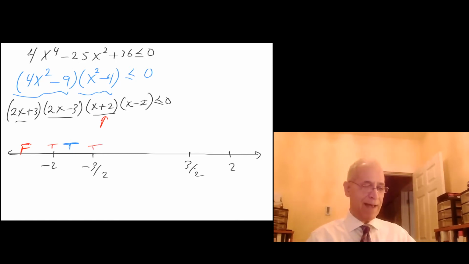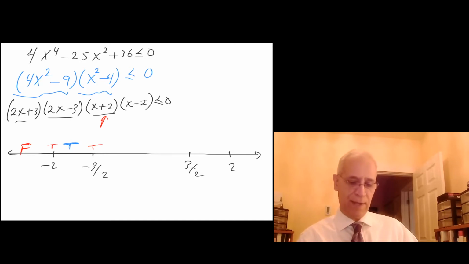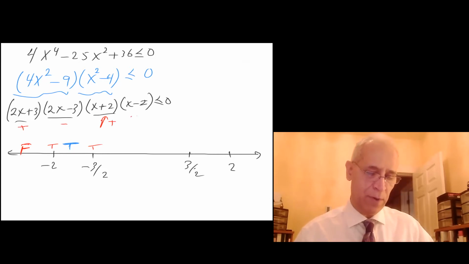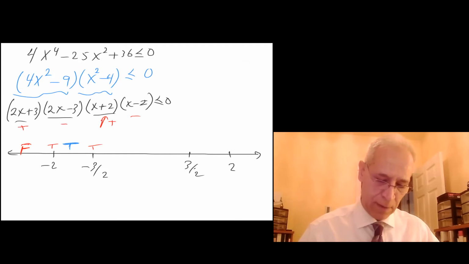Between −3/2 and +3/2, let's say 0, that gives me positive, positive, negative, positive, and negative. So the end result is going to be positive, so false. And let me put this true in here, put it in red to be consistent.